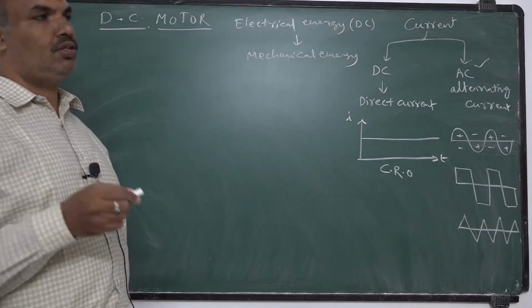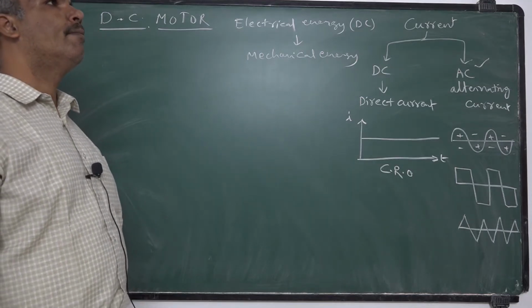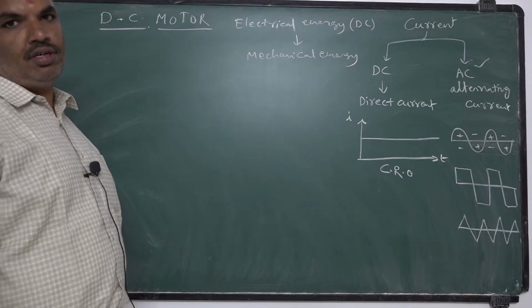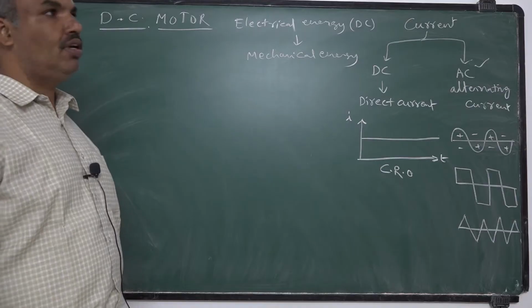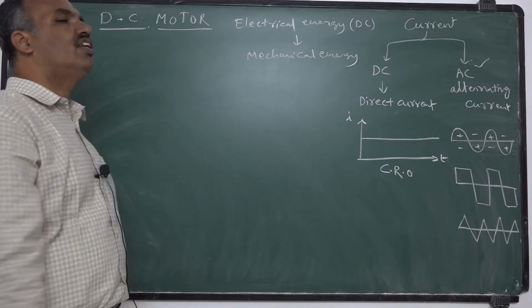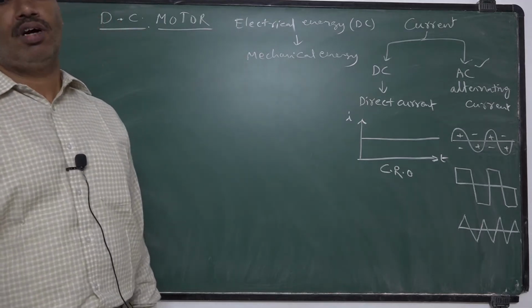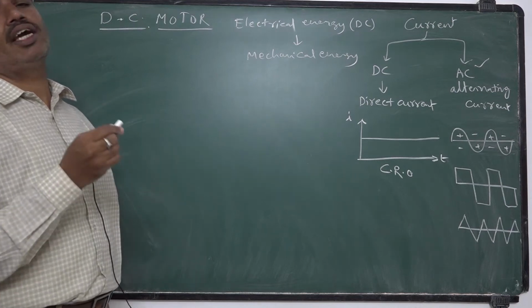Even in AC machines, the swing of the glider is by means of a DC motor. As the DC motor rotates with some constant speed, the AC glider takes swing.